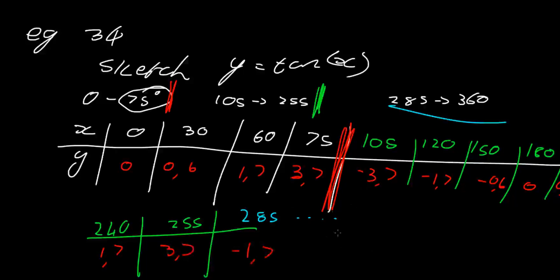Now, you see how the values are increasing, increasing, increasing, then they jump to negative.